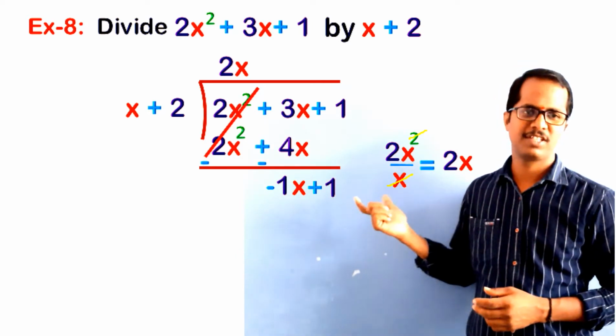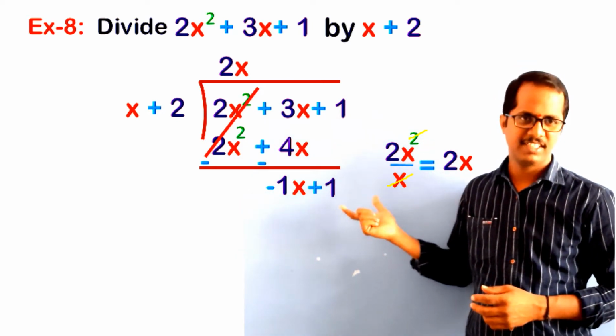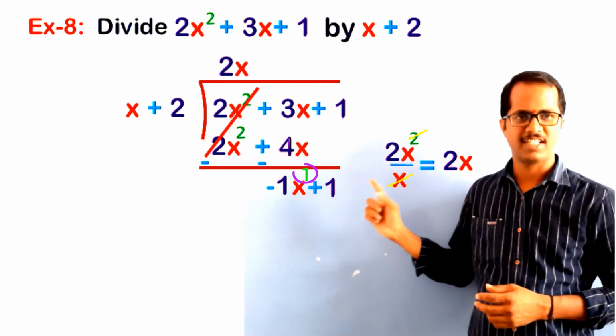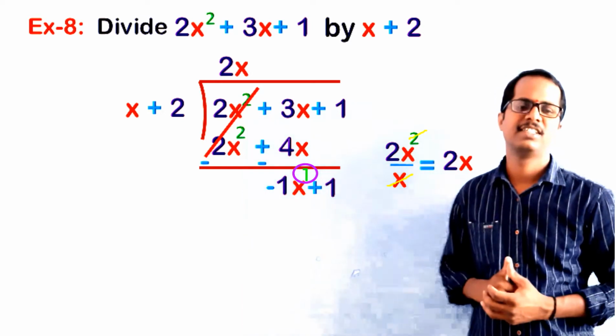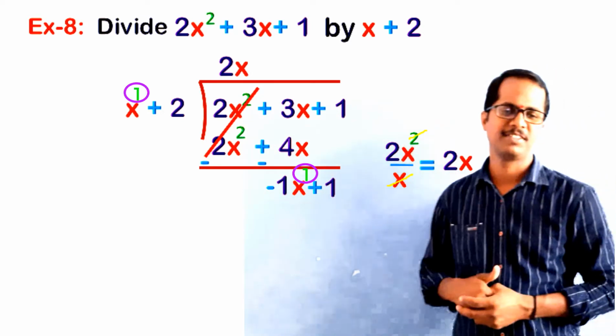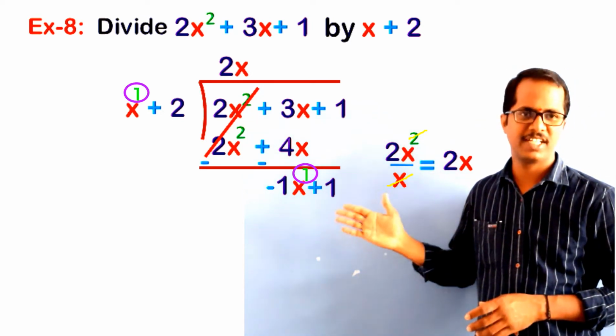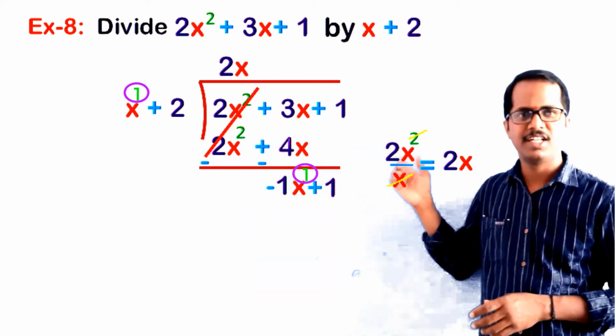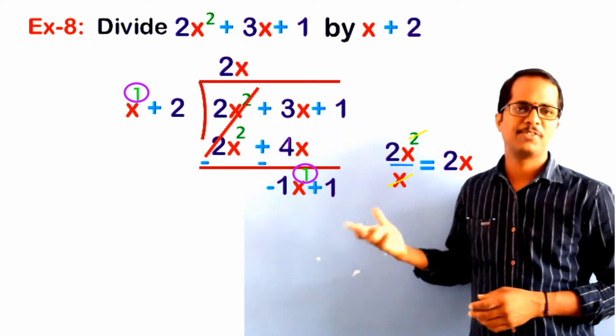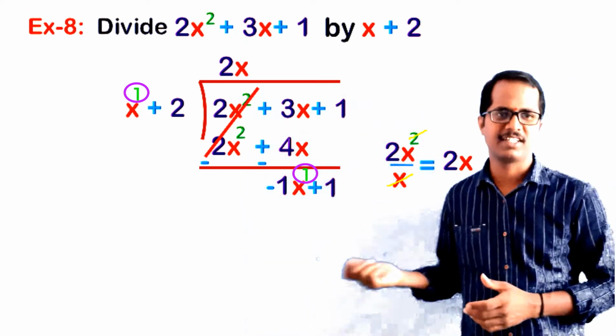Now if we observe the degree of this dividend, that is 1. And what is the degree of the divisor? It is also 1. So the degree of this new dividend is not less than the degree of the divisor. So we need to continue this process further.